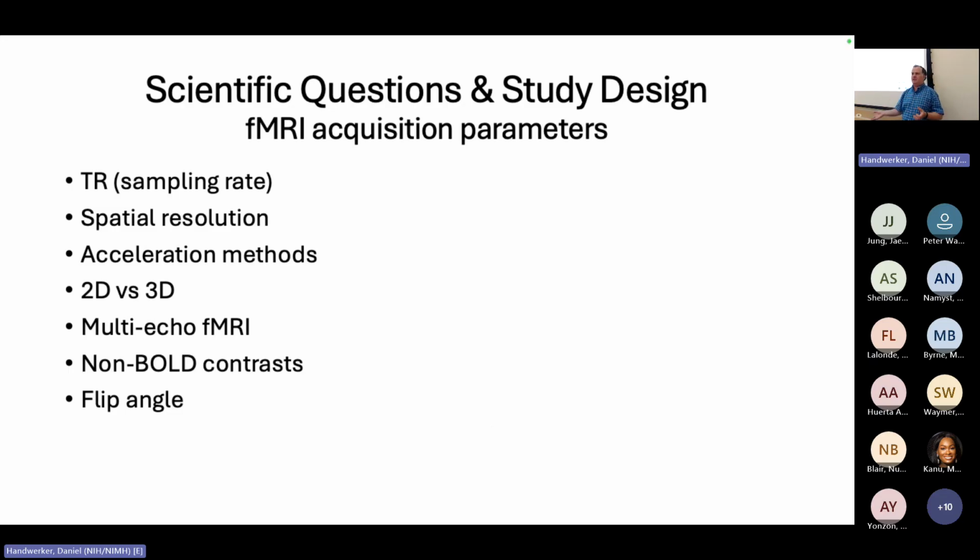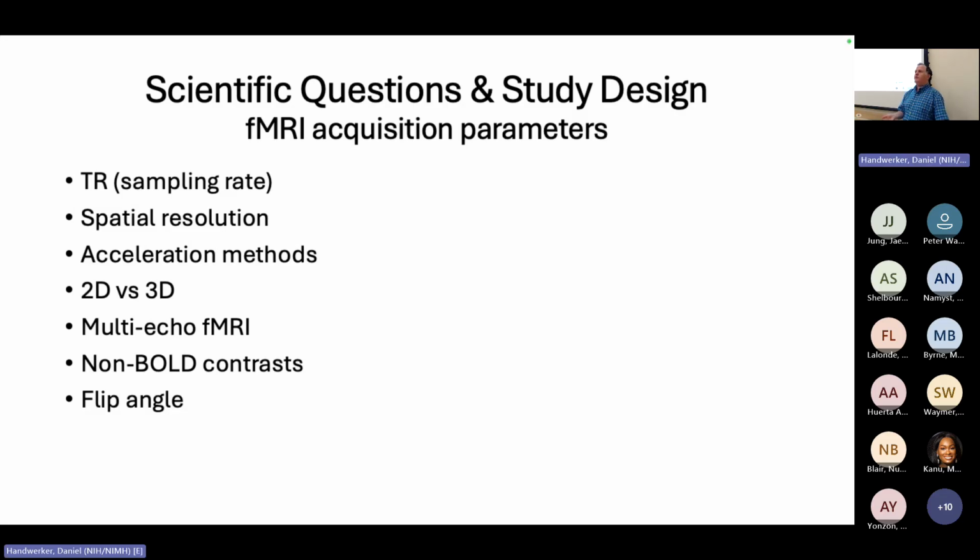There are acceleration methods. In the last several lectures Peter and I talked about K-space, which is sort of the frequency profile, how the data is collected in frequency space. What the acceleration methods do, in various ways, is that you don't collect all the data that you should collect. You're not sampling the entirety of K-space. You're sampling some fraction of it, and then you're using post-acquisition reconstruction methods to essentially reconstruct what you've lost in that process.